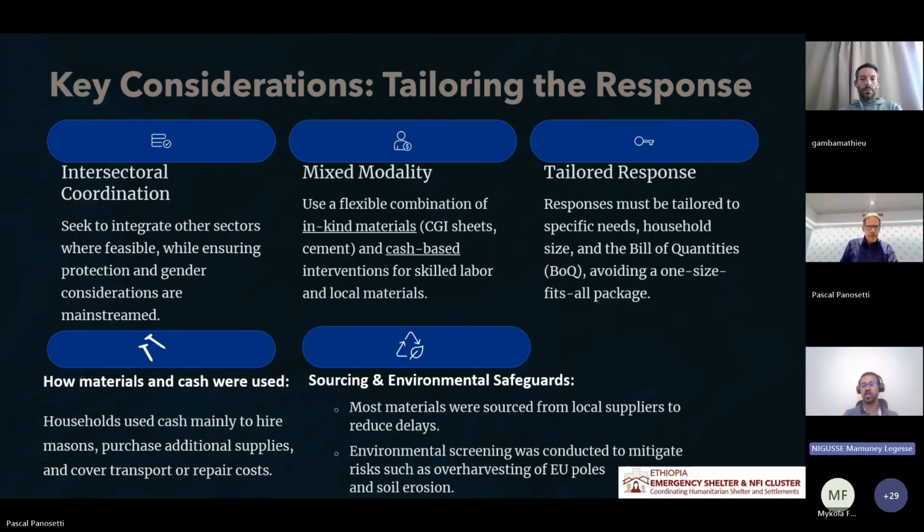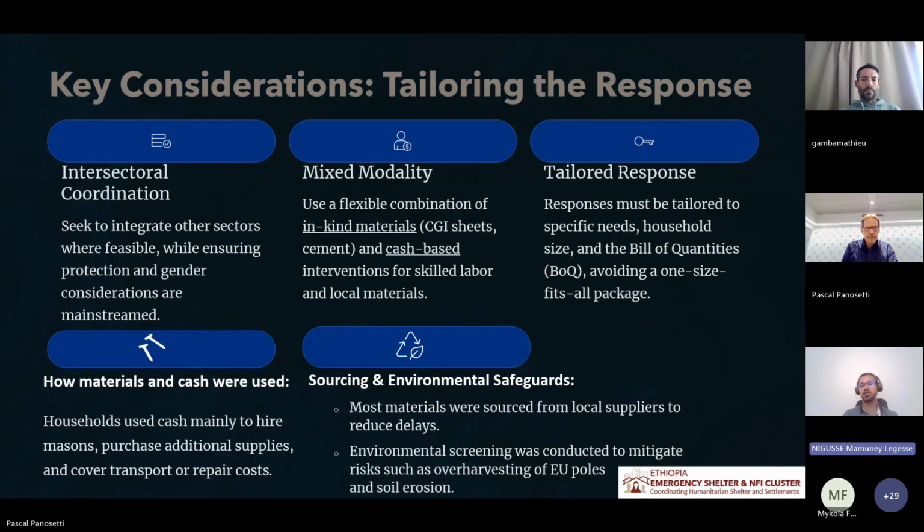And it has a mixed modality, in-kind plus cash, where the cash supports the household needs, such as paying the masons as well as facilitating any locally sourced procurements related to the repairing, the renovation, or expansion within the houses.